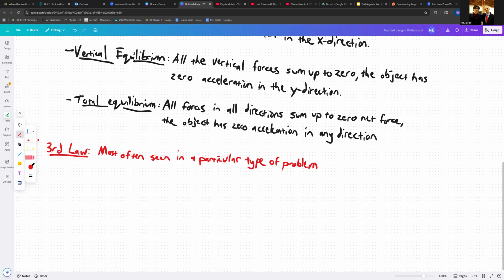So in AP, this problem is going to involve third law pairs of objects. A third law pair of objects is one that satisfies Newton's third law.